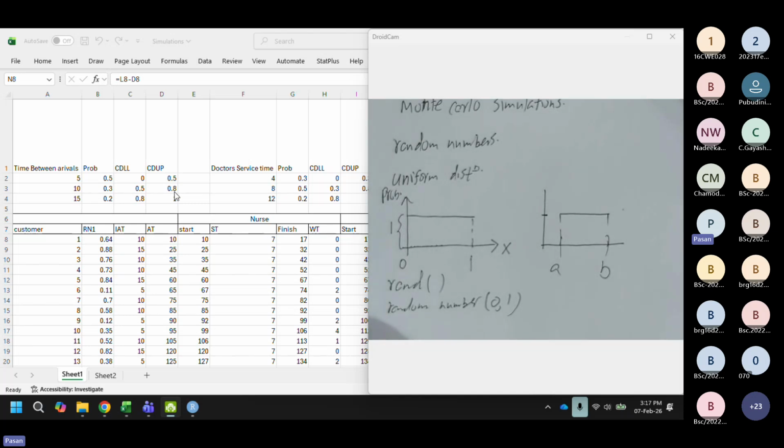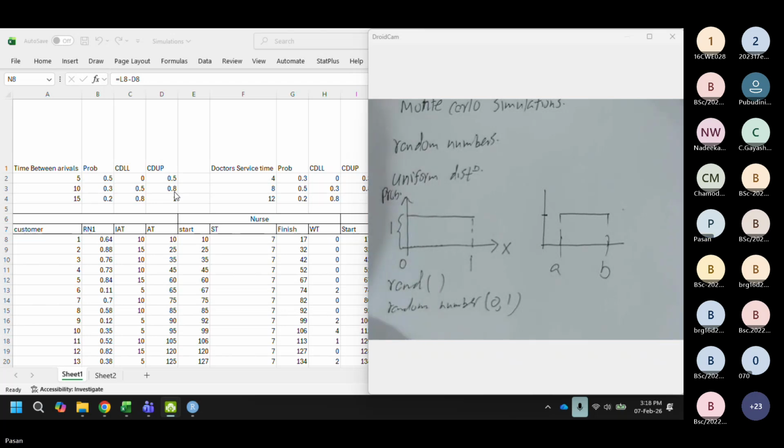And of course, our computer is going to provide us the random numbers using some inbuilt function. Usually we call those pseudo random numbers, as we are generating them using a function in our computer, right? But anyway, we can treat them as random numbers, right?